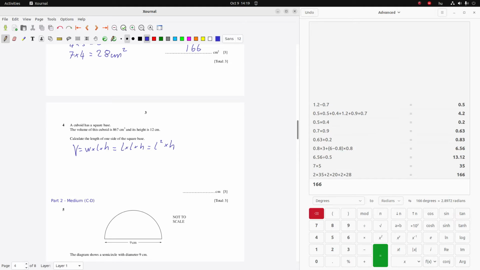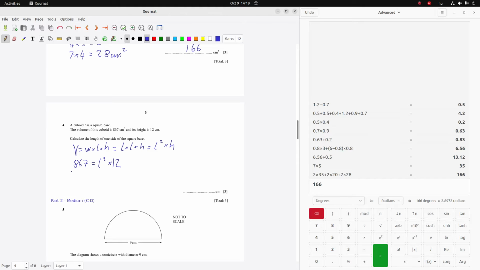Okay, then we'll just fill in some numbers. 867 is equal to length squared, because we don't know the length, we want to know length, times the height, which is 12. Now we want to divide both sides by 12. Remember with algebra, what I do to the left hand side, I also have to do to the right hand side.